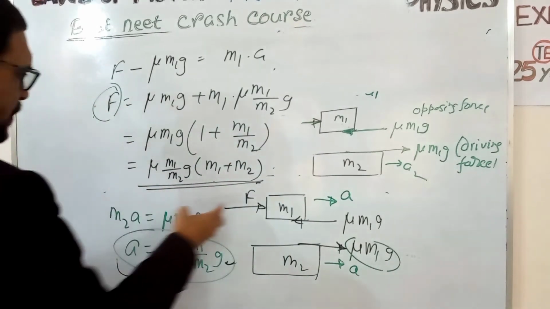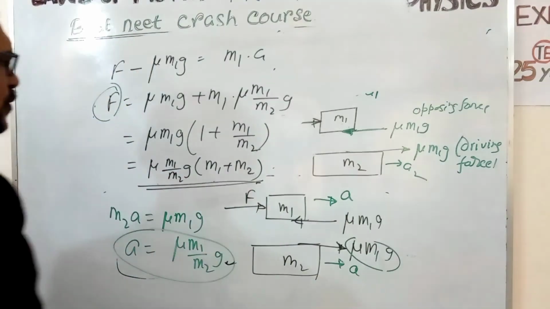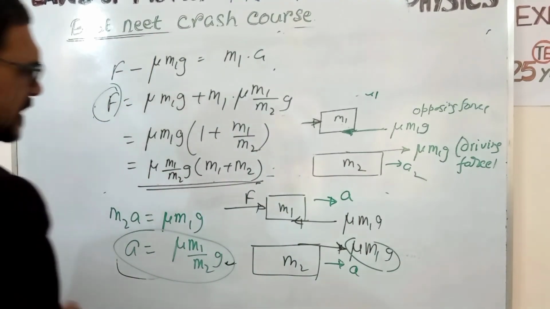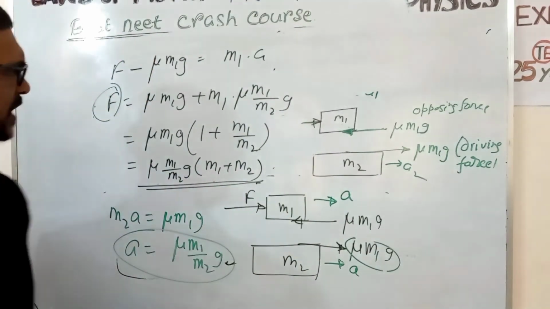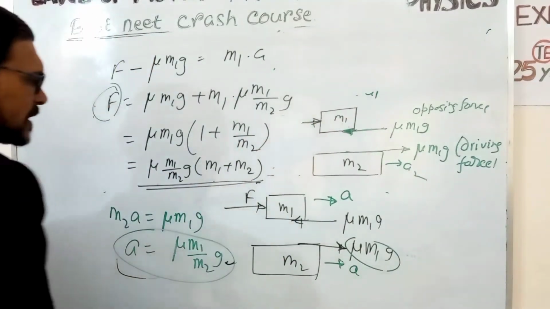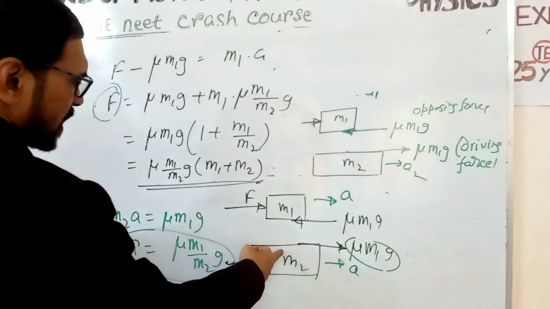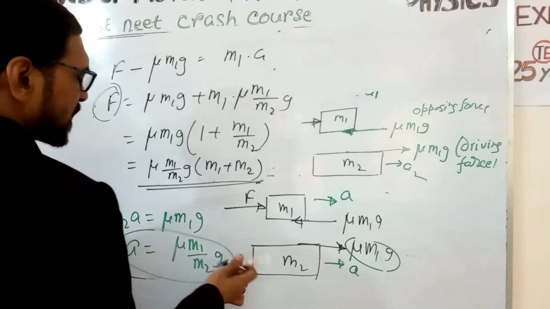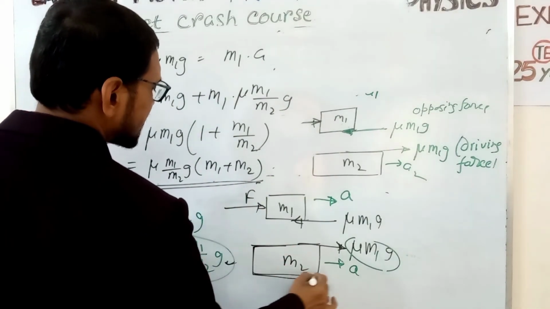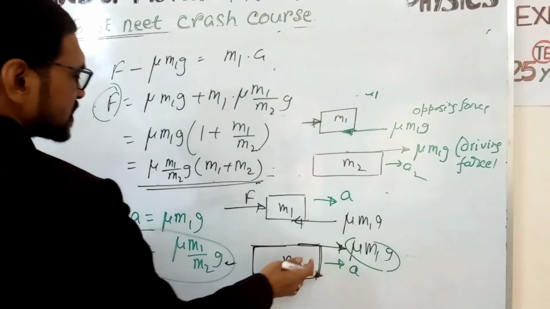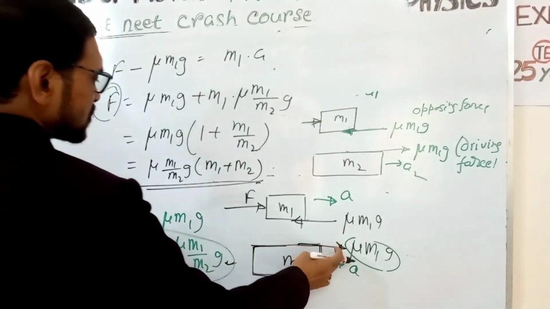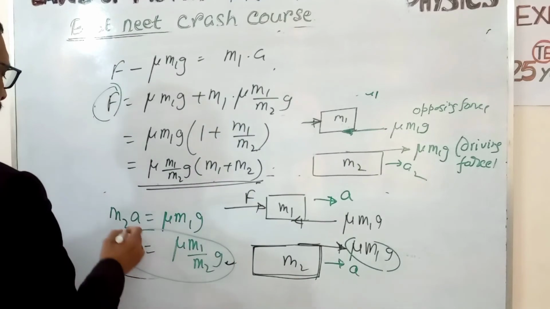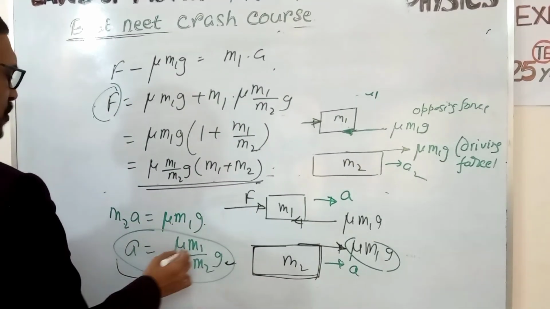So what is the maximum value for which two blocks move together? If you are asked, then the first step is to draw the free body diagram and find the acceleration of the block at which no external force is applied. From this we get the acceleration. Now m2a equals mu m1g, so a equals this.